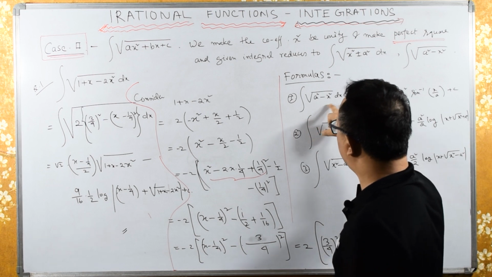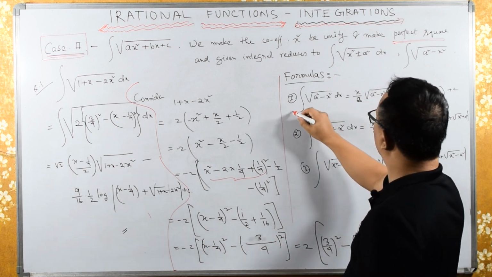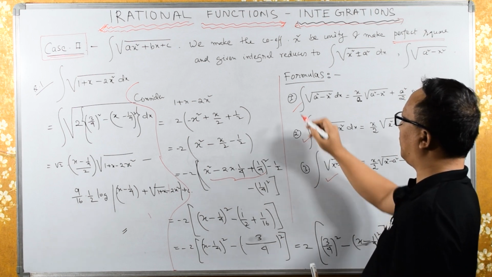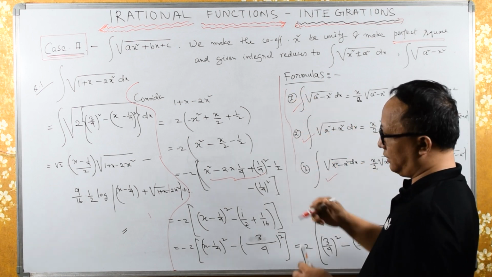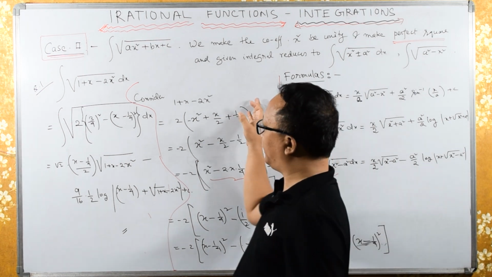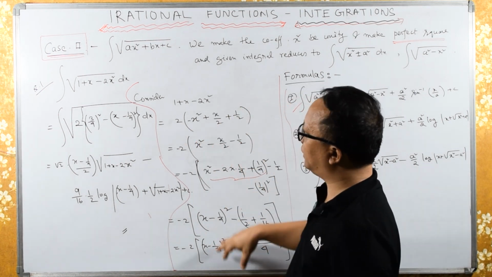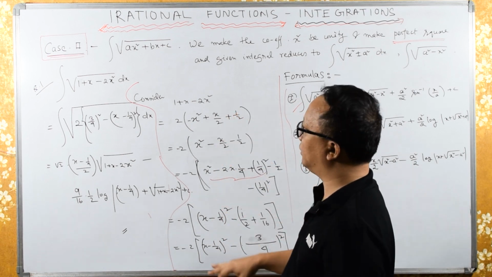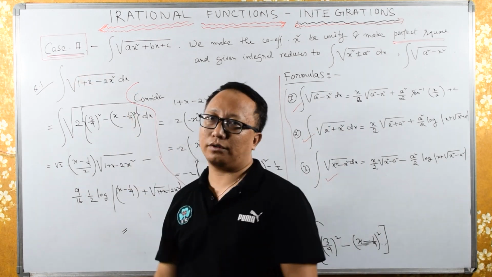If it is a square minus x square, use this formula. If it is x square minus a square, use this formula. If it is plus, then this formula. So one of the three will be in that pattern, by using this standard perfect square rule. This is how it solves for case 2.